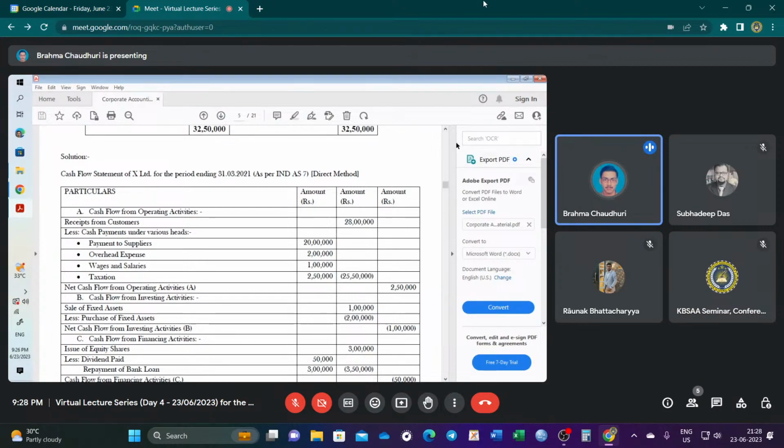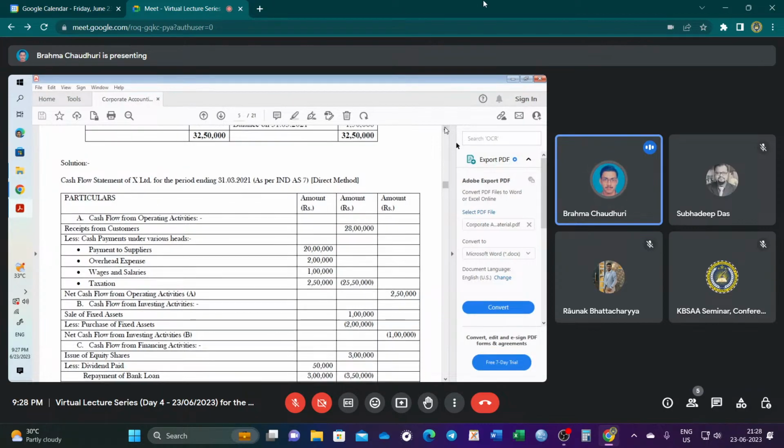So 1 lakh is shown within brackets because sale of fixed assets is 1 lakh and purchase of fixed assets is 2 lakh. So the cash outflow is exceeding the cash inflow, and that is why we are obtaining a negative balance, and that is the net cash flow from investing activities.